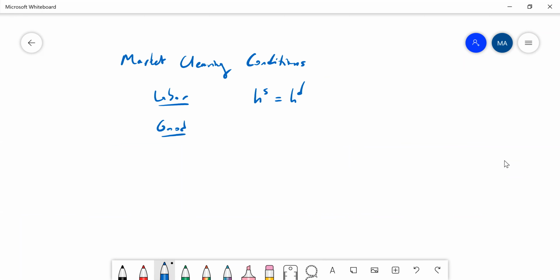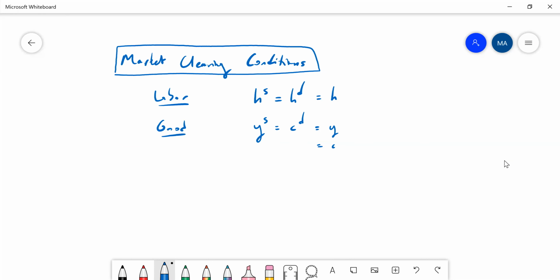In the goods market, we have YS equals CD, so consumption demand must be equal to that. I can denote them by H here, and here you can denote it by either Y or C. In the equilibrium, these market clearing conditions should be satisfied.